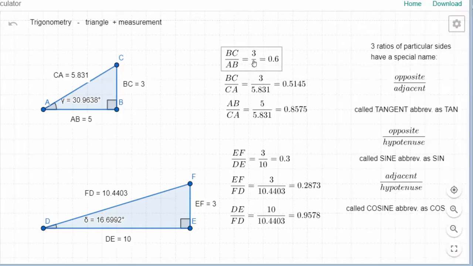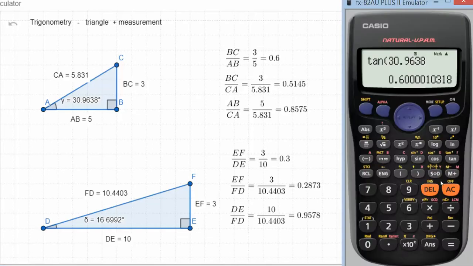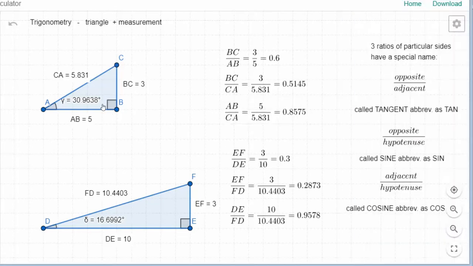You can see the opposite over the adjacent. And then finally, if I go cos 30.9638, I get 0.8574. So they're the three ratios for every right angle triangle that has an angle of 30.96.